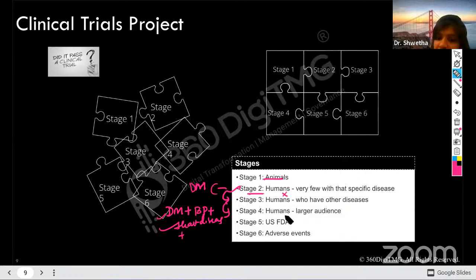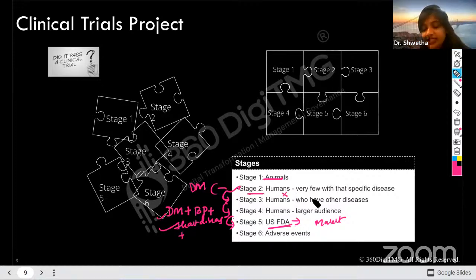Then in stage 4, it will be moving to the larger audience. Next, you can go for US FDA approval. Once the approval is done, it is released into the market. The US FDA is the approval committee for the US, wherein any drug which has to be released in the market has to be approved by the Food and Drug Administration.